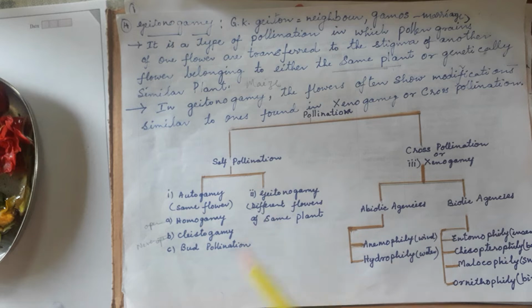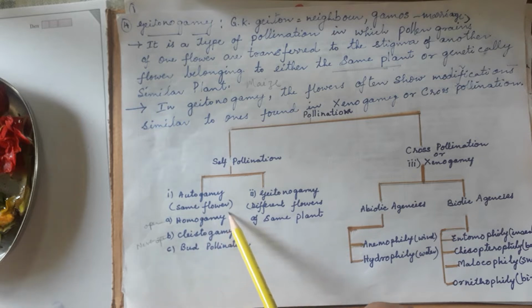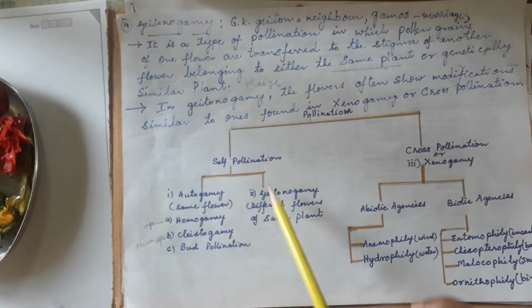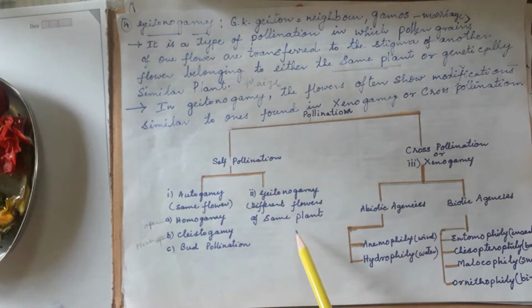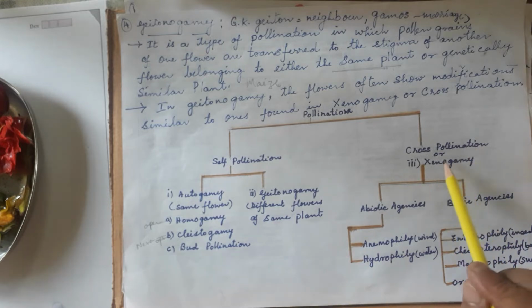Marriage means the mixing or fertilization between gametes of the same flower. And autogamy has 3 different types, within the same flower only: homogamy, cleistogamy, and bud pollination. They depend upon the shapes and structures of the flower, how they are able to manage autogamy. The second one in self-pollination is geitonogamy. Geitonogamy means different flowers of the same plant. The plant will be the same, the flowers will be different. And next is cross-pollination.